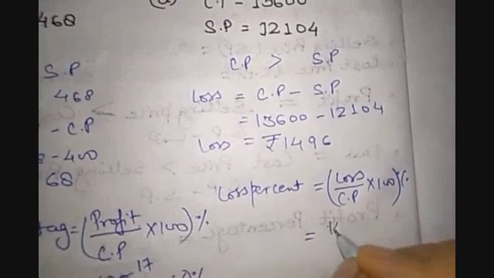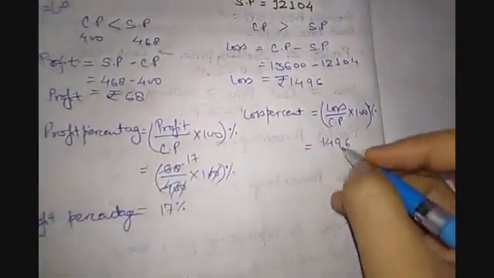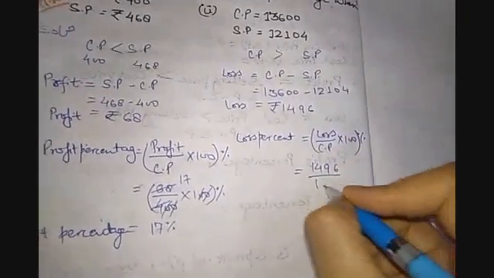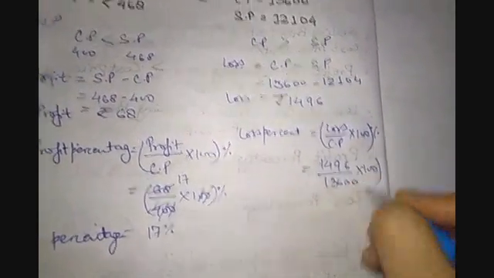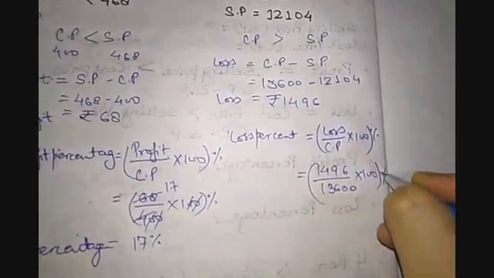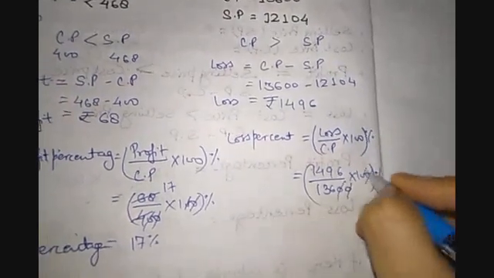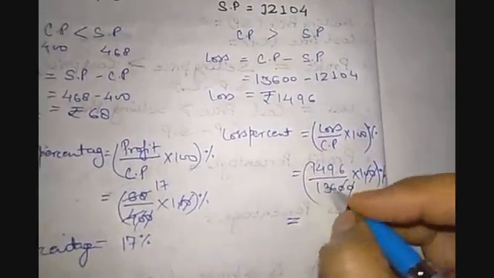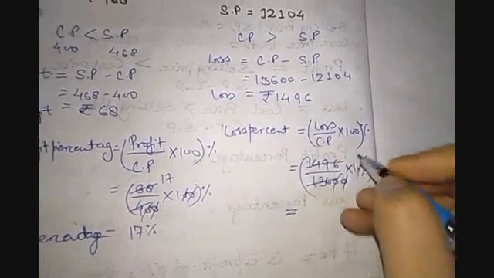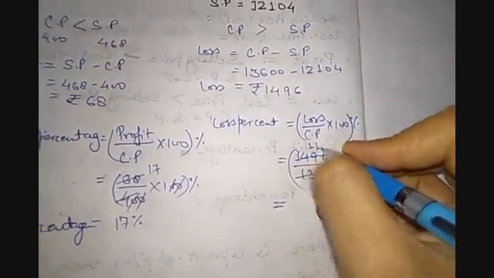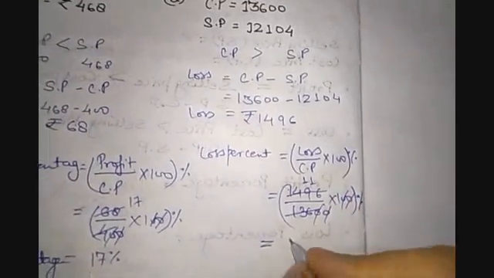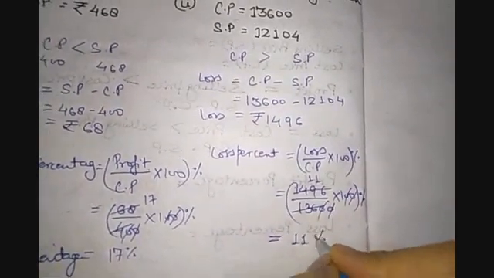Loss was 1496 rupees, cost price was 13600 rupees, into 100 and mark a percentage sign. Here I cancelled the zeros and tried to find out. It is 11. So I got 11%.